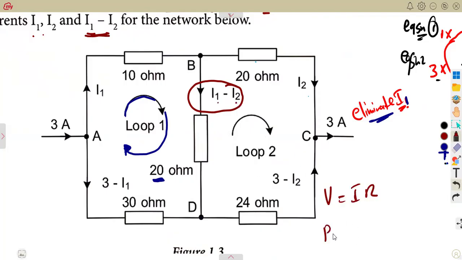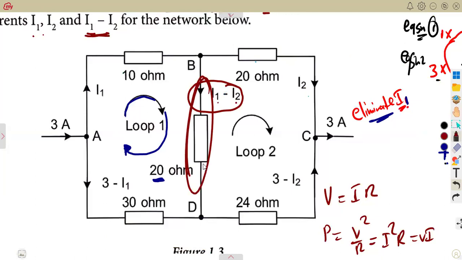They can ask you to calculate power. V squared over R, power is I squared times resistance. Power is voltage times current. Depending on the part that you're given, they can ask you those values. It's not just about currents. It can be power, it can be anything. So we shall see typical questions as we move on.